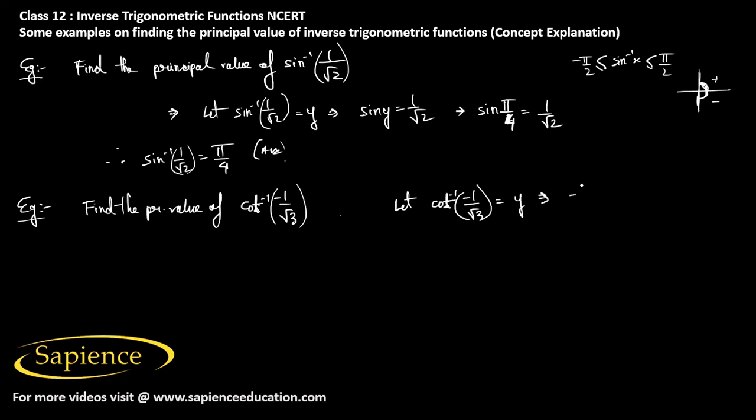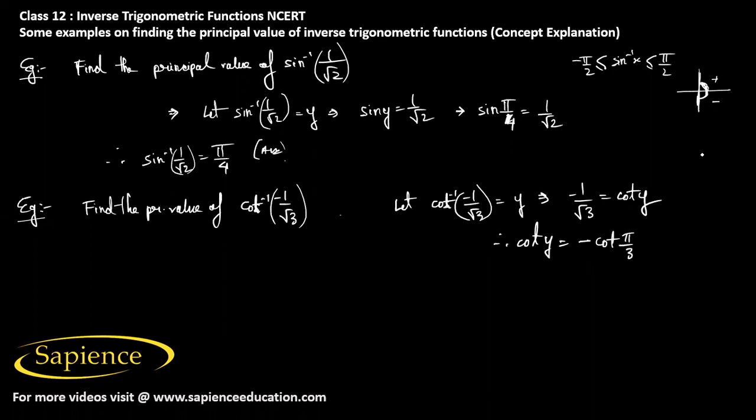Then minus 1 by root 3 is equal to cot y. We know that cot pi by 3 is equal to 1 by root 3. Therefore, cot y is equal to minus of 1 by root 3, that is minus of cot pi by 3.